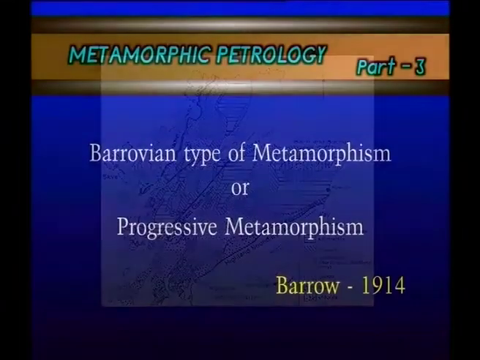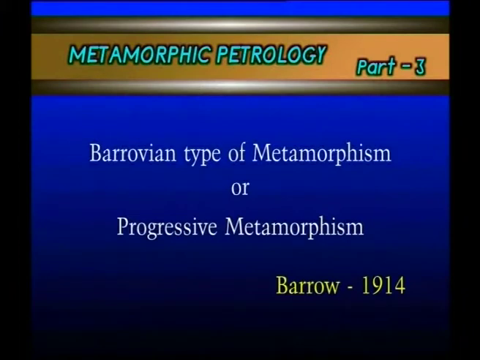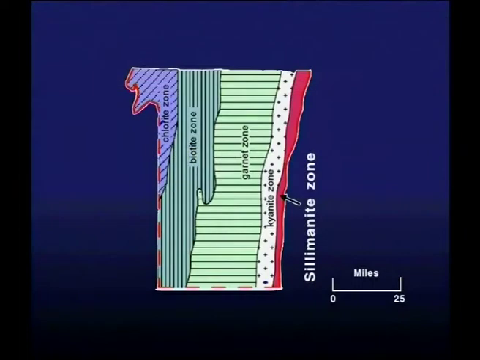Barrow, while mapping the Dalradian of the Scottish Highlands, was the first person to map that area and find out the zones of metamorphism on the basis of index minerals.